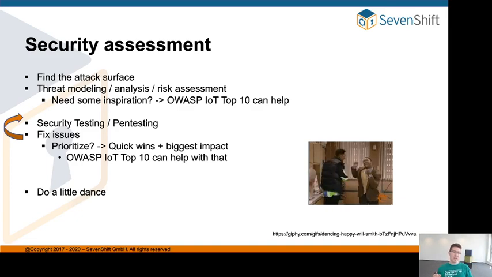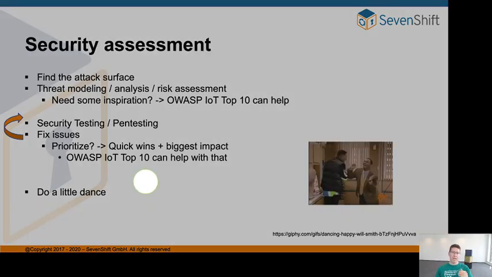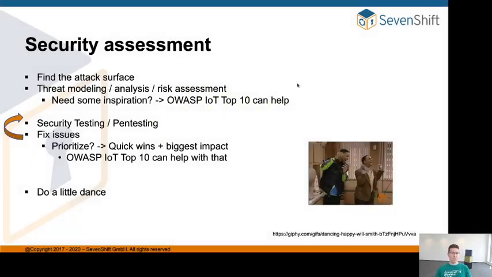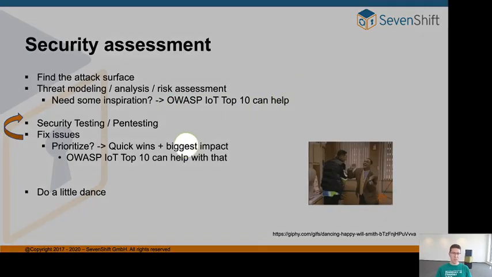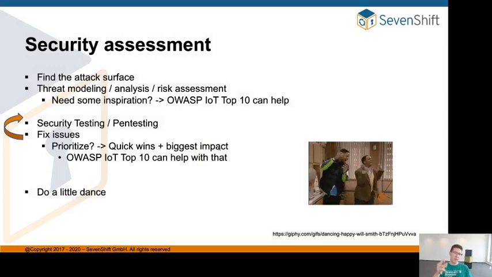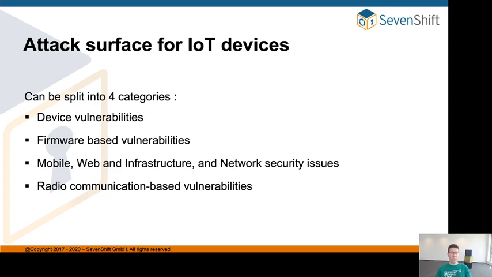And this is where the OWASP IoT can come in handy, because you can use the OWASP IoT Top 10 as input for your threat modeling to see if you're covering those big risks, or to help you prioritize, because you want to make sure that you fix the things that you can fix quickly and that have the biggest impact. Once you've done that, you can do a little dance.